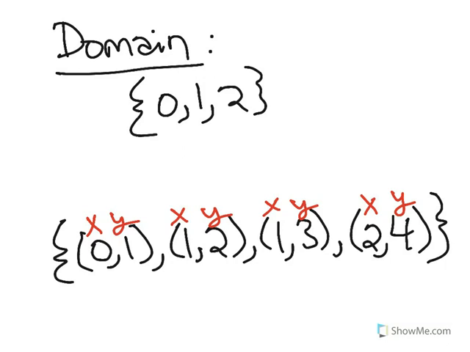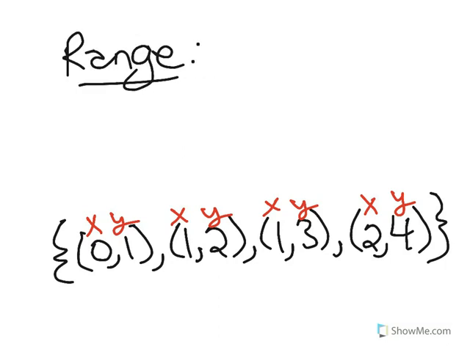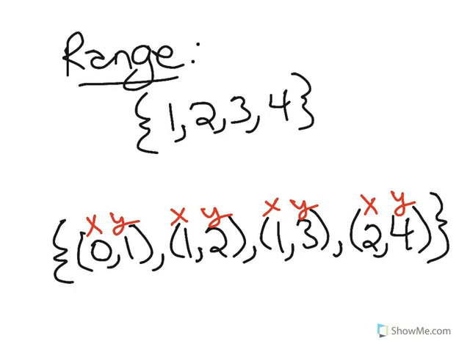These would be the inputs into a science experiment, the numbers that you would put in and then do observations, the independent variable. The range is the set of y values, the set of outputs. So for this relation, there are 4 outputs, 1, 2, 3, and 4. These are all the numbers that came out when the various x values were put in. That set again is called the range.